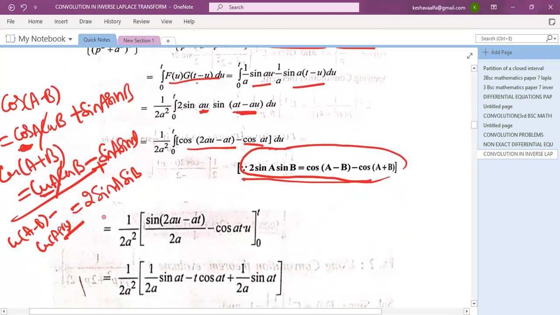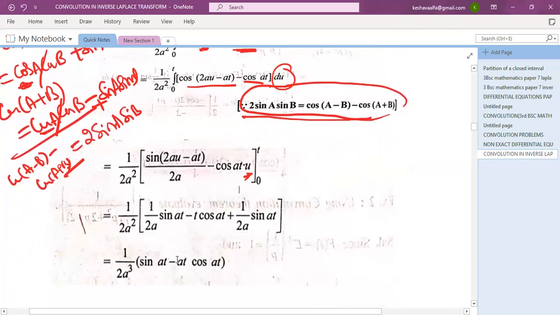Integration of cos is sin, so sin of (2au minus at) by 2a, minus integral cos at. Here cos at is constant. We are integrating with respect to u, so cos at into integral du, that is u.